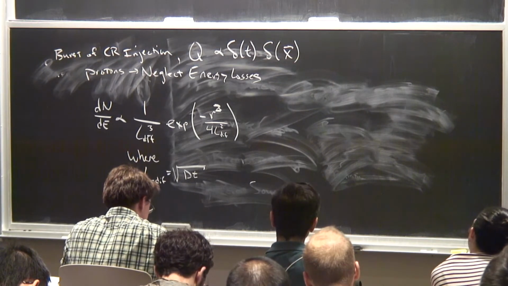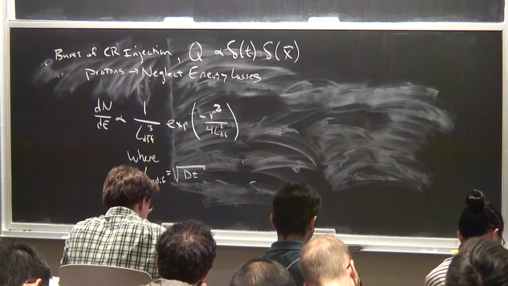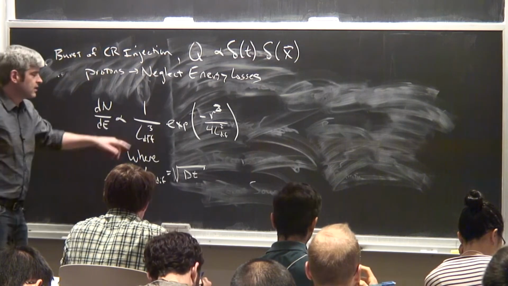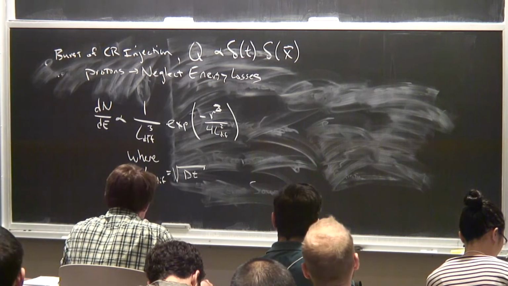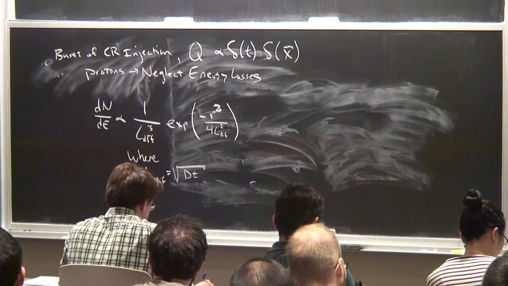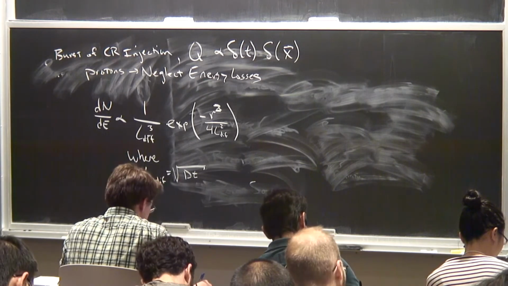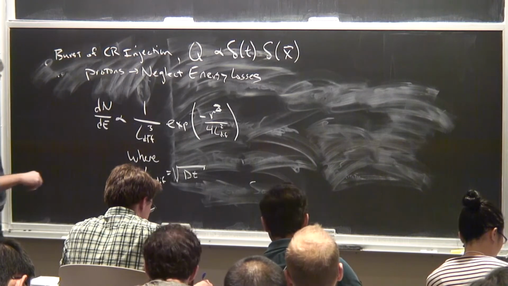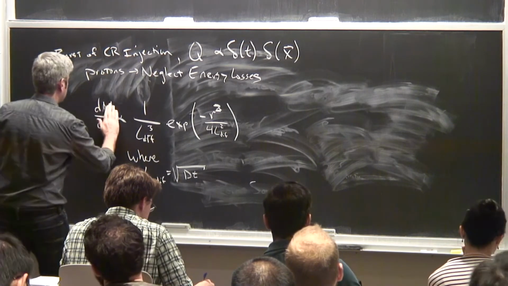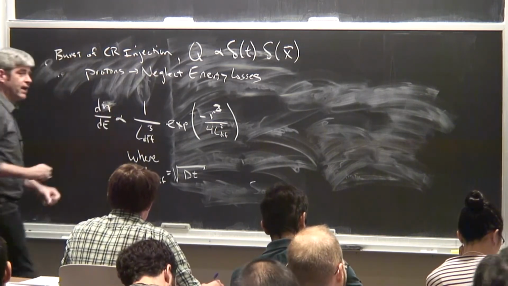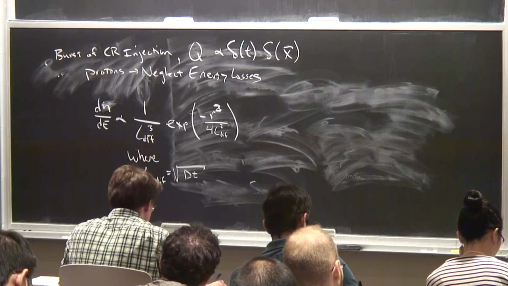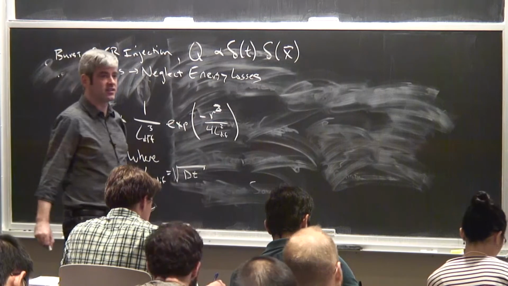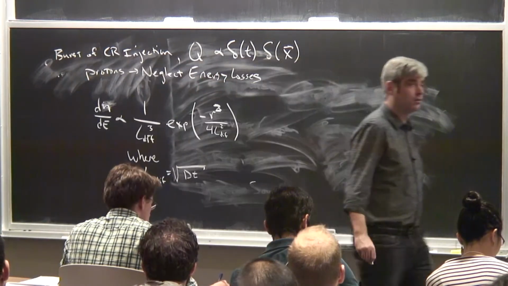Okay, so I've introduced this diffusion length scale, L_diff. This is approximately how far the wave of particles has propagated out, random walking. For consistency, I'll do that. R here is the radial distance from the burst.